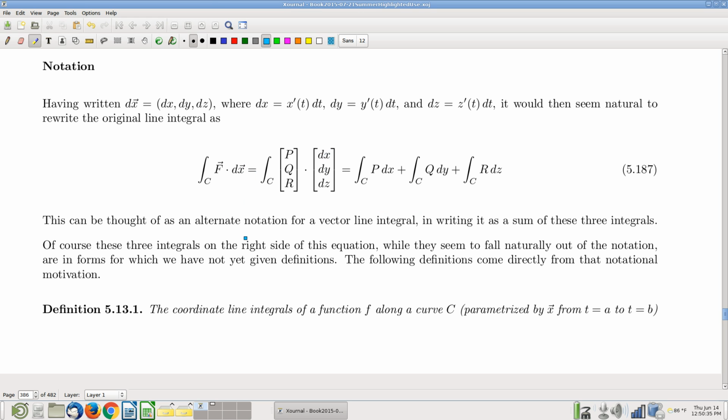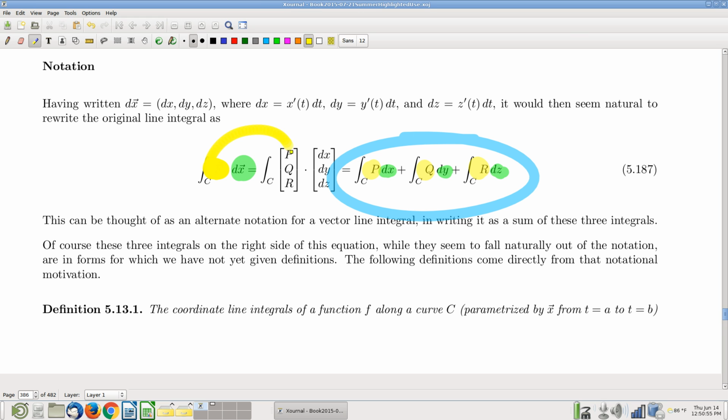Look, the dx, the dy, and the dz, that's just a fancy way of saying the dx vector. And whatever these integrands are, the p, the q, and the r, corresponding to how they're paired up with the dx, the dy, and the dz, that's just representing the vector field of which I'm doing a vector line integral.